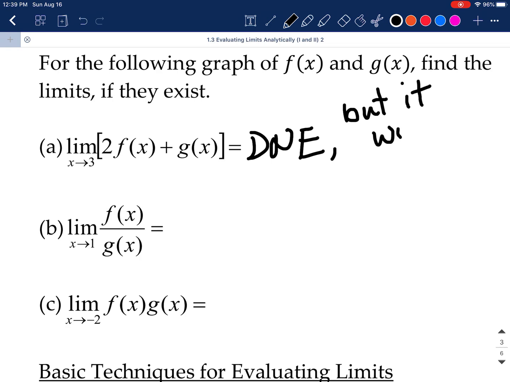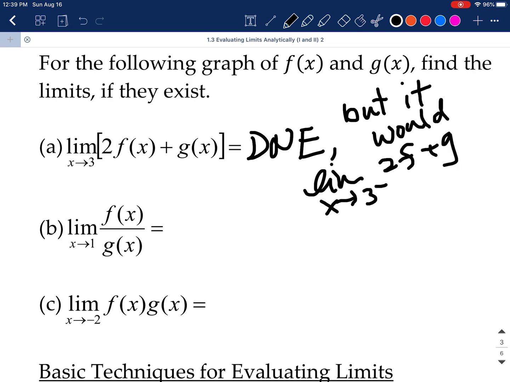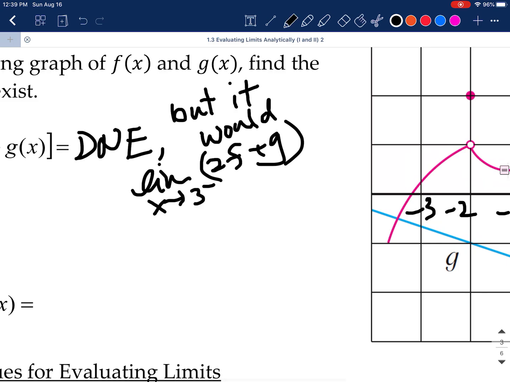But it would if we took the limit as x approaches 3 from the left of 2f plus g.